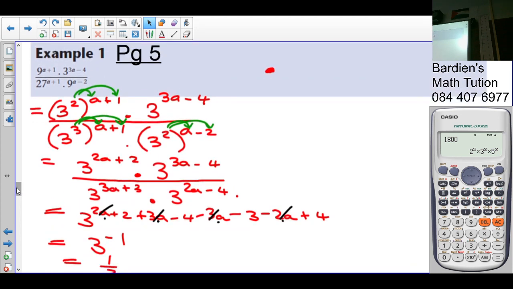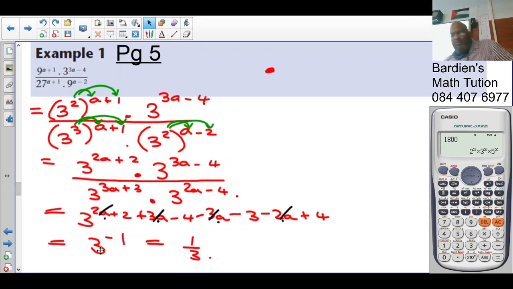Understand? People that sound like this carry 4 or 5 marks. So make sure you know how to do these. So that's example 1.